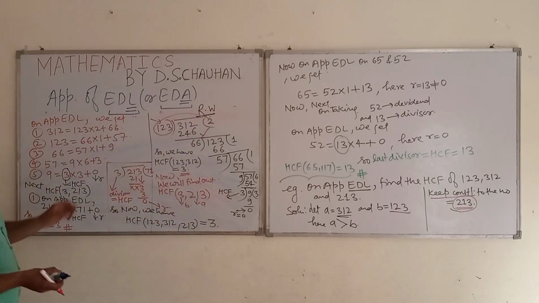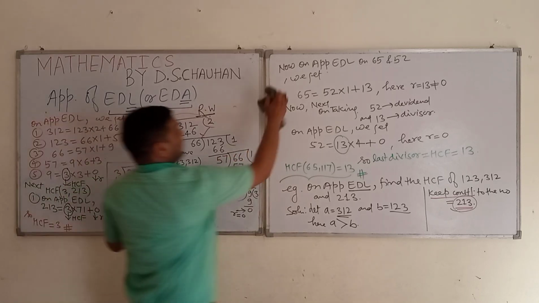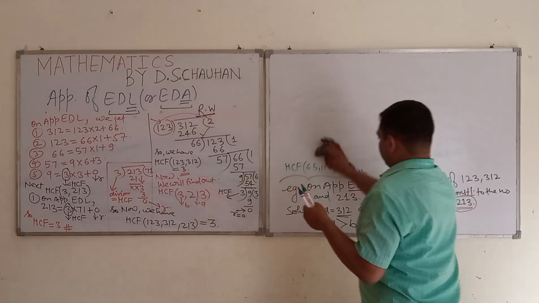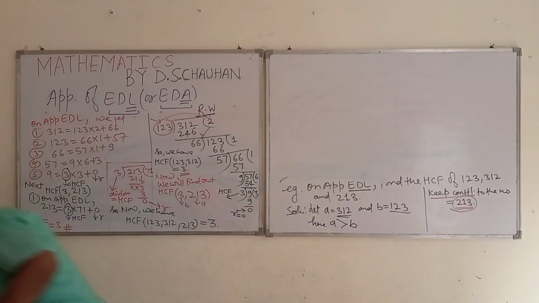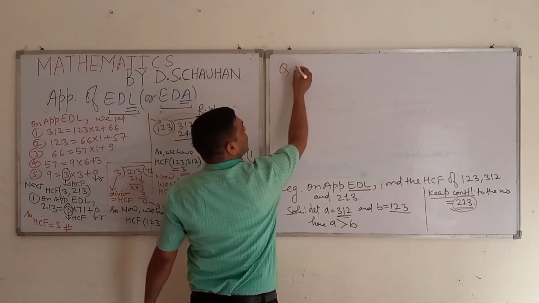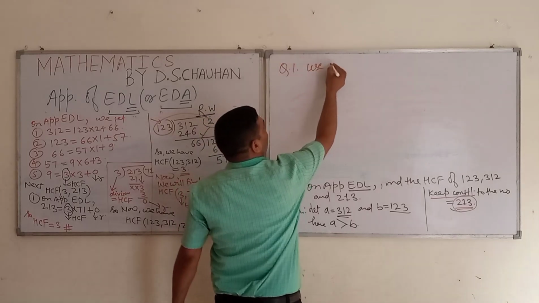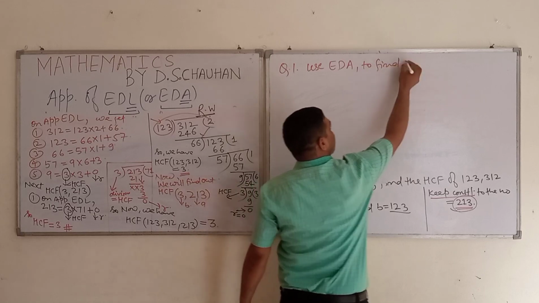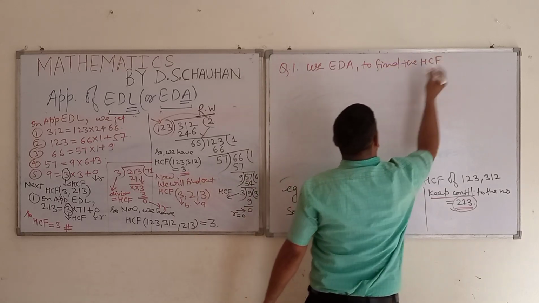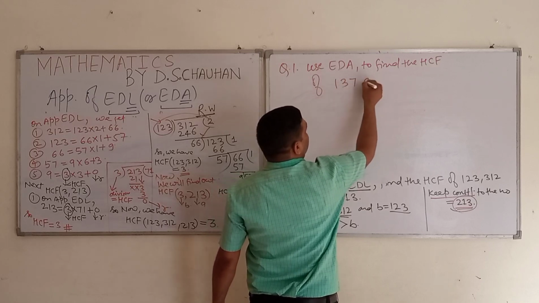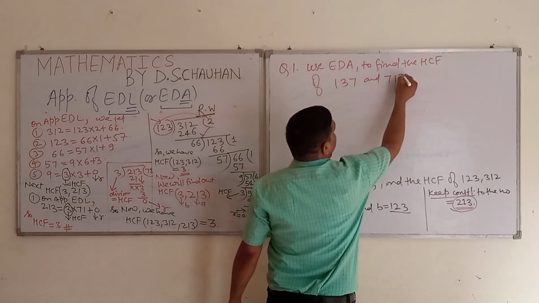Students, I am leaving questions for you to do. See, these are two questions here. Question number 1: use Euclid division algorithm to find the HCF of 137 and 713.